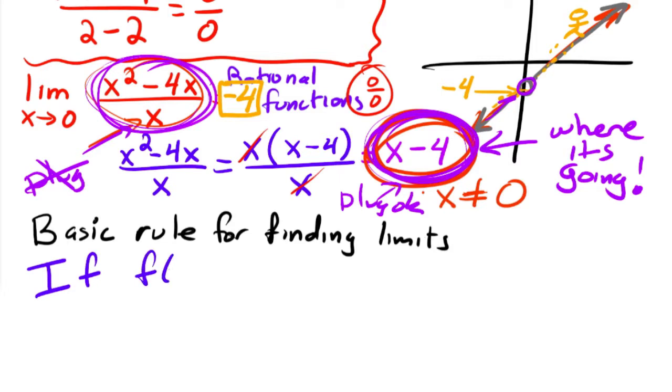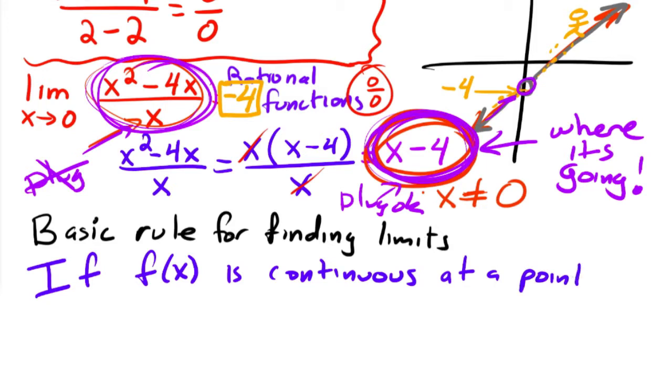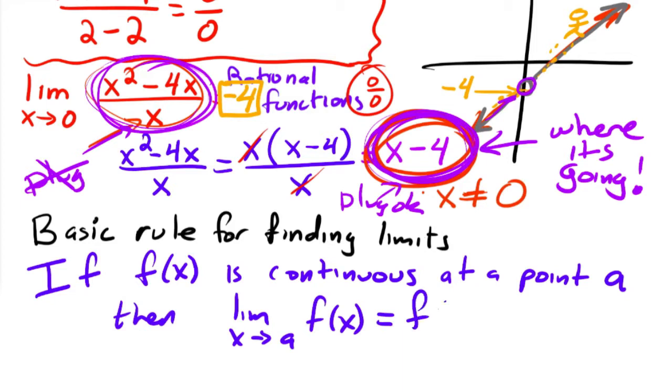We're just going to say that if your function is continuous at a point, let's just call it A, then the limit as x approaches A of your function is equal to f of A. Now this is just another way of saying the definition of continuity, which we're going to go over later.